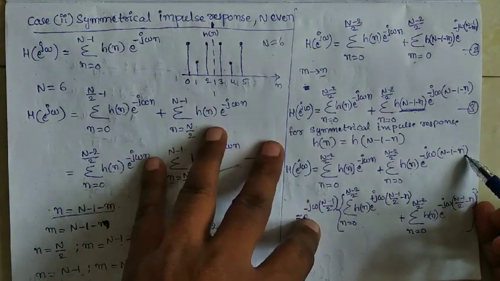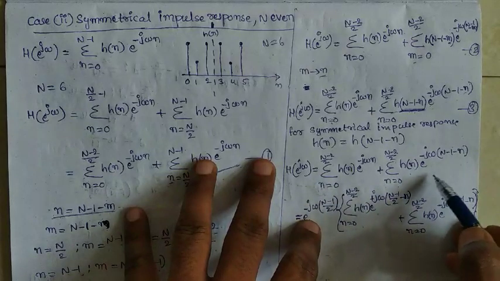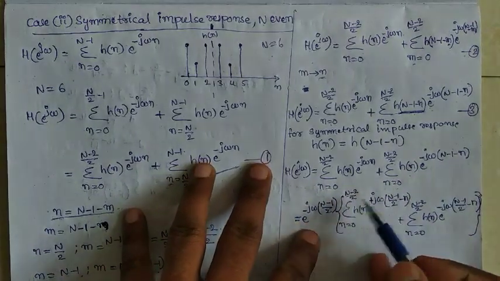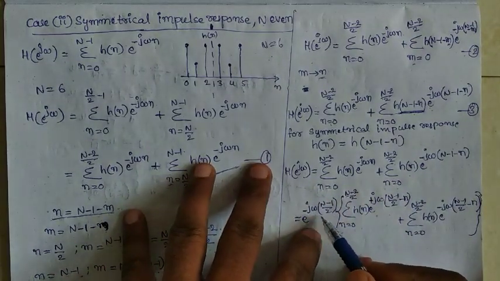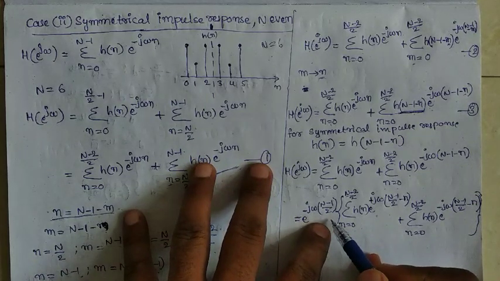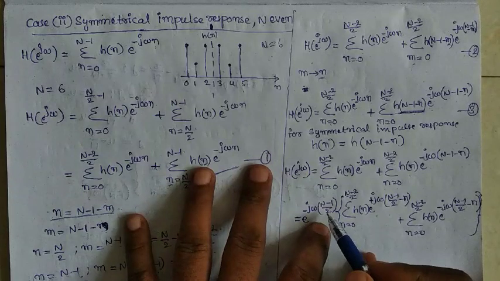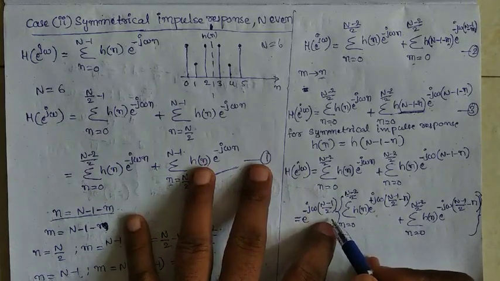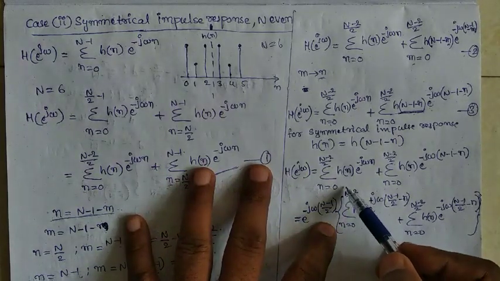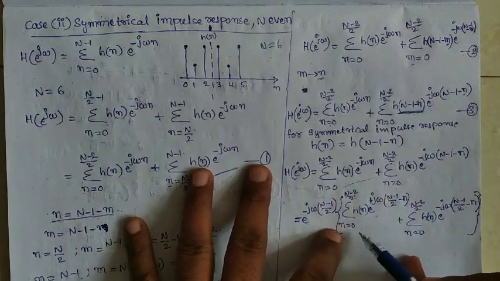Here in these two terms I am taking common e power minus j omega capital N minus 1 by 2. Here what is the remaining term in the first term?